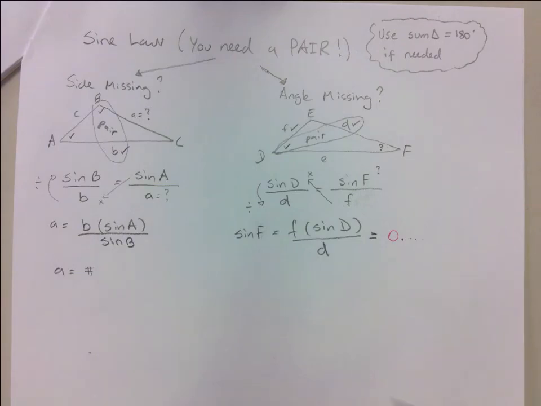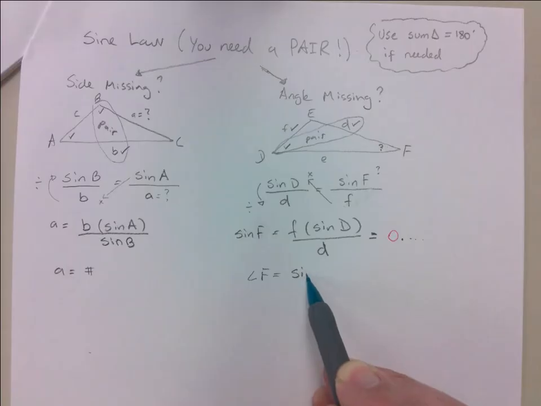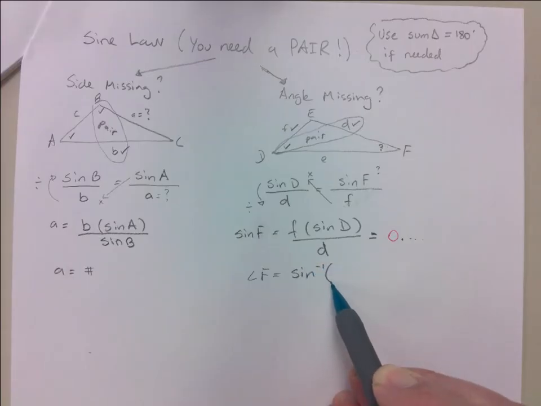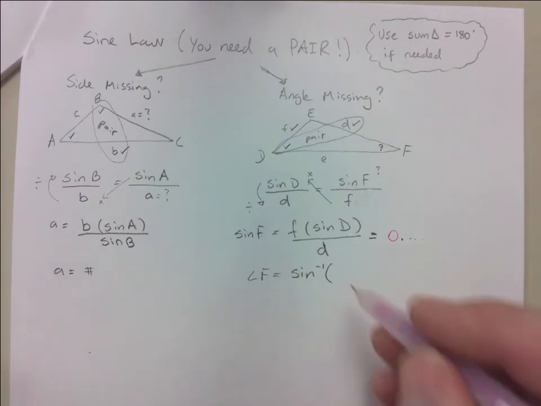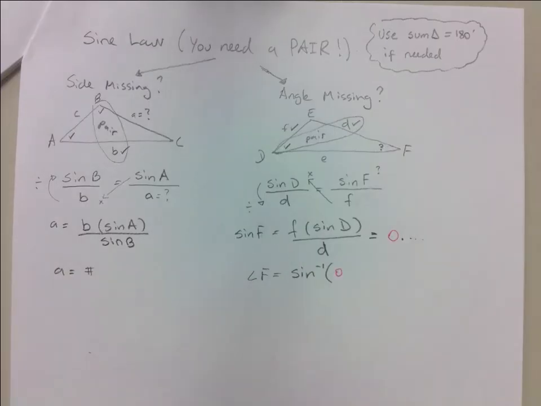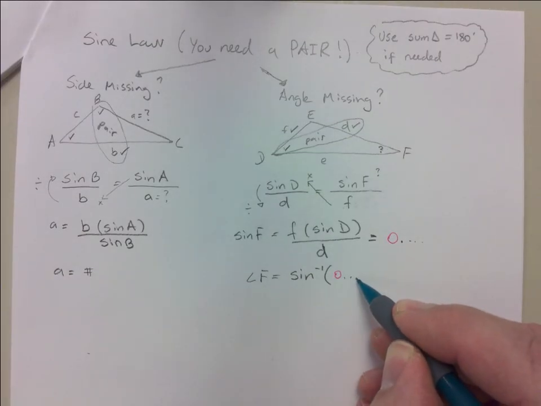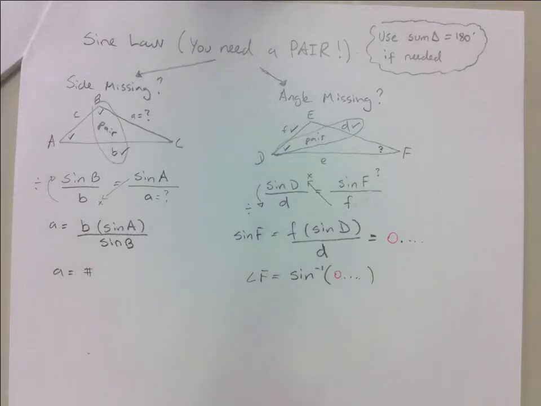Don't do that. So angle F is going to be sine inverse of said number. I hope you're not going to put a 0 in there. Don't do that. Okay, this is it for sine law.